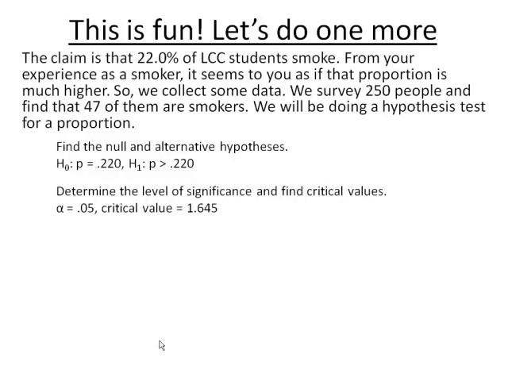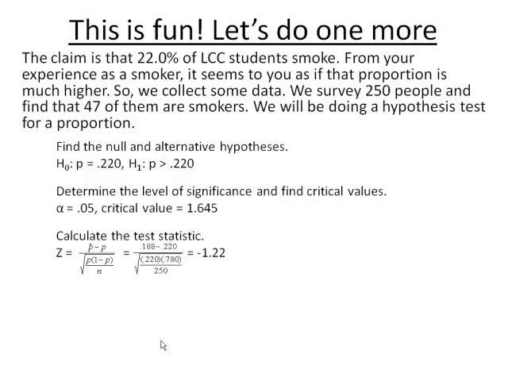Again, our critical value at the 0.05 significance level is 1.645. Since we're doing a one-tailed, right-tailed test, 5% of the distribution is to the right of 1.645, or greater than 1.645. And our test statistic is negative 1.22.